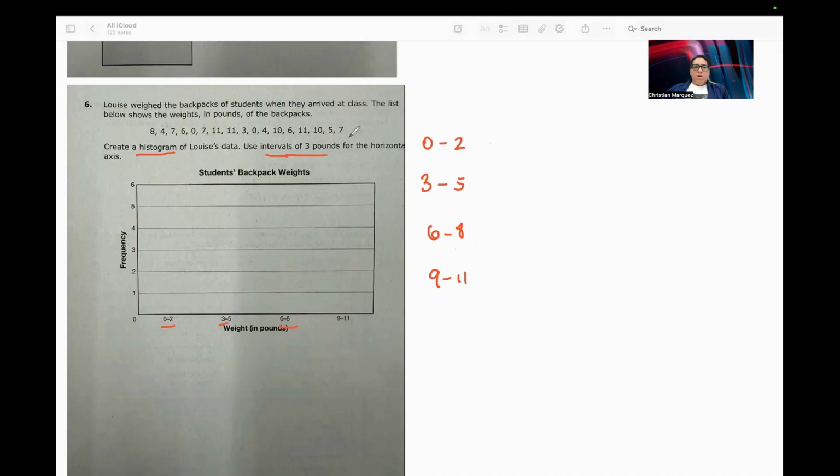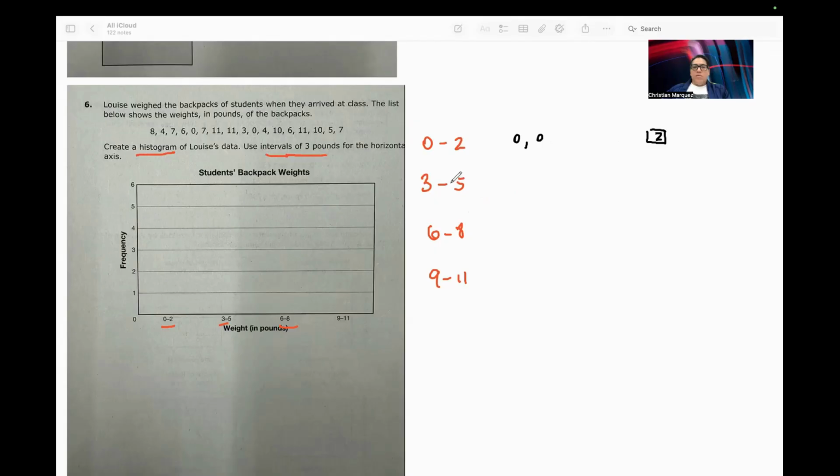All right, now start reading the data here. You have 8, 4, 7, 6, 0, 7, 11, 11, 3, 0, 4, 10, 6, 11, 10, 5, and 7. We're going to start putting these numbers over here. How many numbers in this range do we have in this data? We have only the number 0 and the number 0. You have it twice, so you can put here that I have it twice.